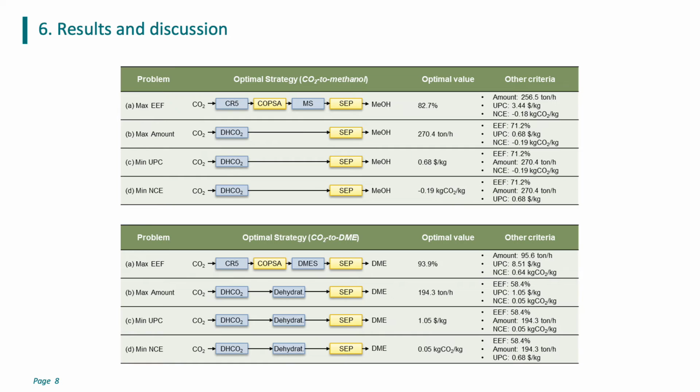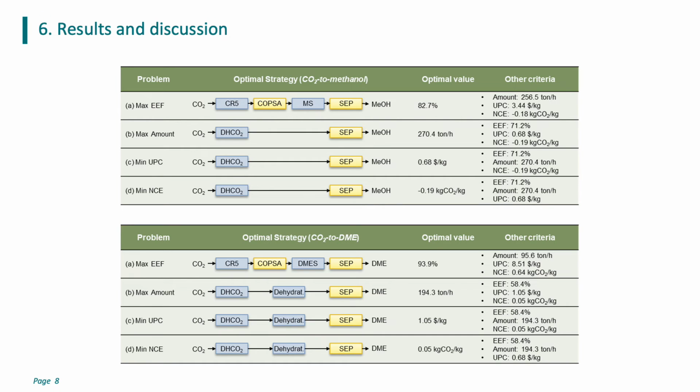As you can see in the tables is the result of the optimization framework. For example, the optimized strategy for methanol with different criteria. The optimal CO2 to methanol strategy regarding maximum energy efficiency involves the pathway of thermochemical energizing first, followed by methanol synthesis.